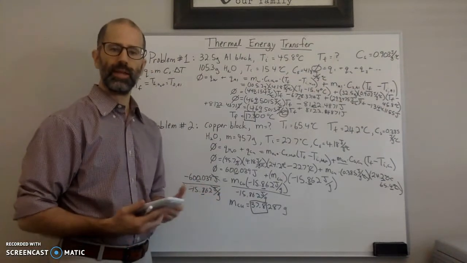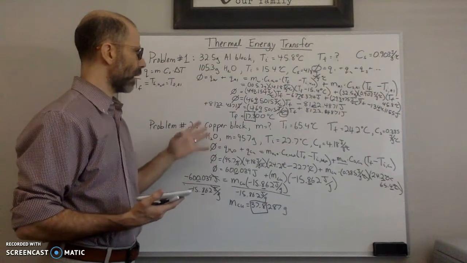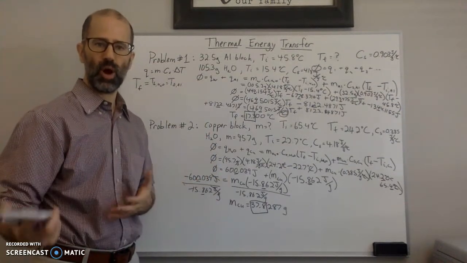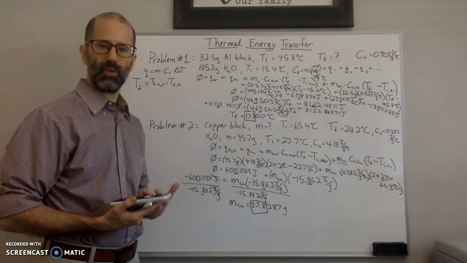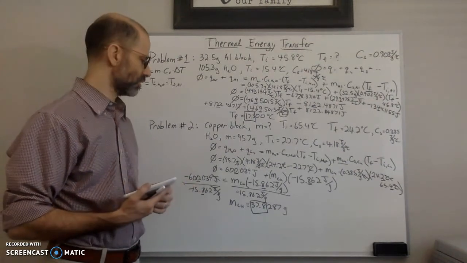So this is the way that you would do these sorts of problems. These are simple problems because you only have one block and water. But again, it doesn't matter what they throw at you as long as you're keeping track of what's in the surrounding systems.